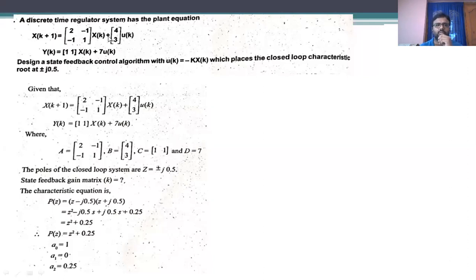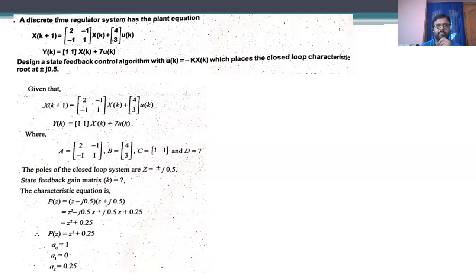Try to observe these state equations: x of k plus 1 is equal to some matrix into x of k plus some matrix into u of k. This 2 by 2 matrix is capital A, this matrix is capital B, and this matrix is capital C. That means [2, -1; -1, 2] is matrix A, [4; 3] is matrix B, [1 1] is matrix C, and D is 7.